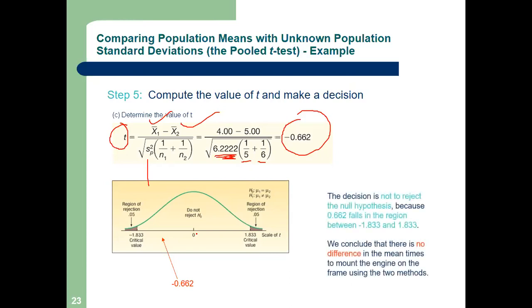What is our decision? Not to reject the null hypothesis, because 0.662 lies in the region between minus 1.833 and plus 1.833, which is the acceptance region. Is this clear?